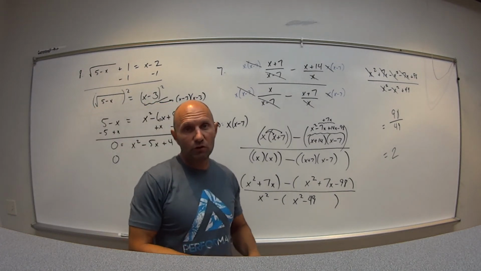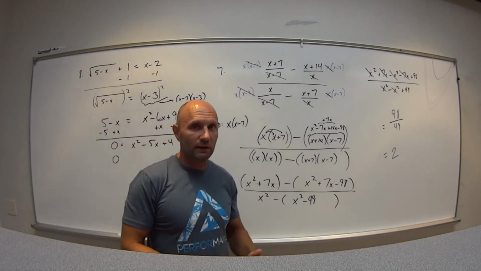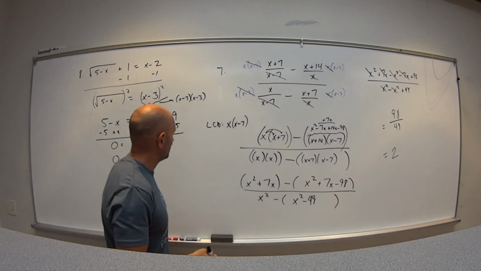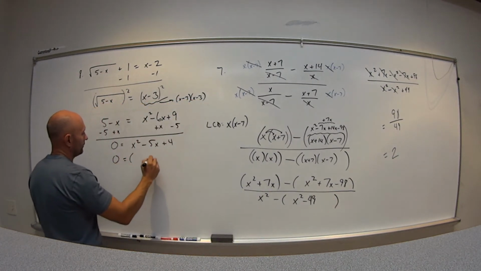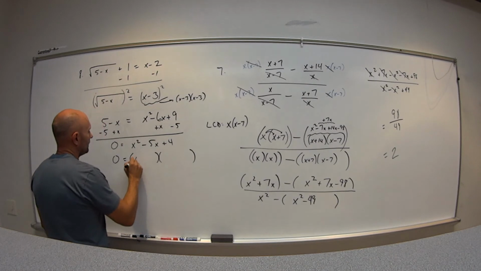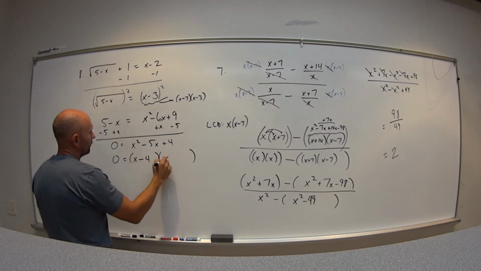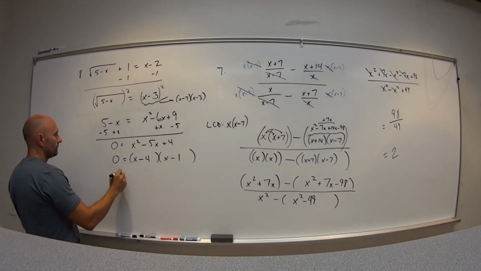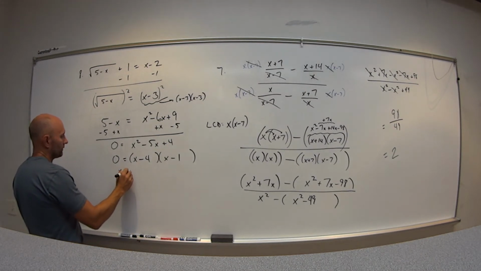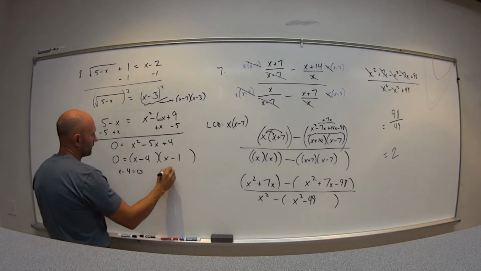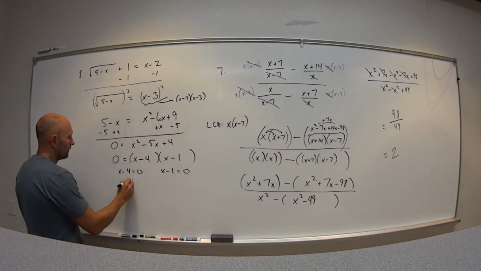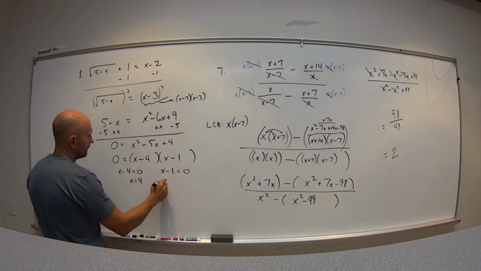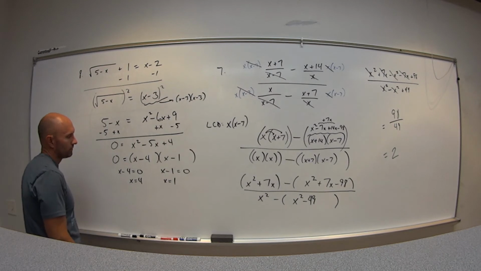Try to factor it and use zero property rule, completing the square, quadratic formula. This one will factor nicely for us into x minus 4 and x minus 1. So if I separate this, x minus 4 is 0, x minus 1 is 0. So x equals 4 and x equals 1.